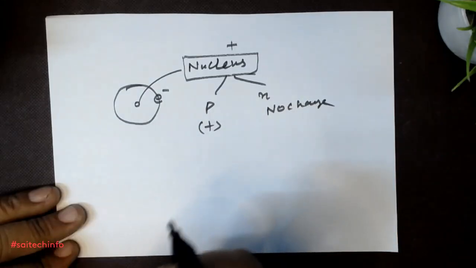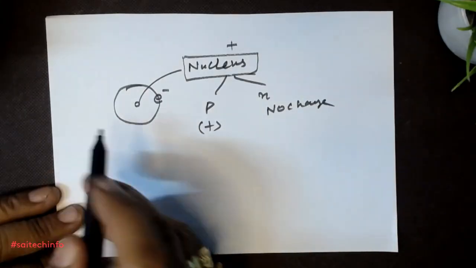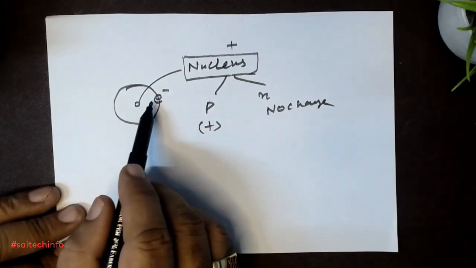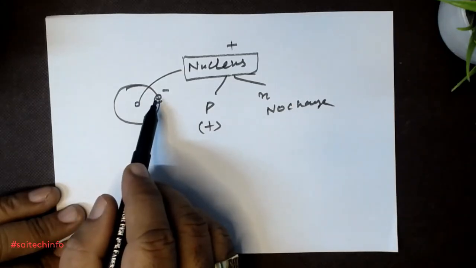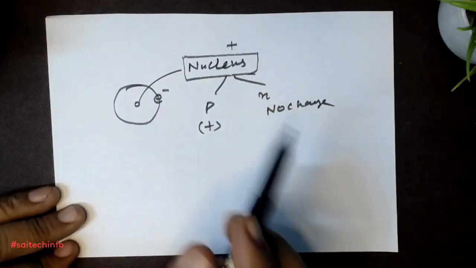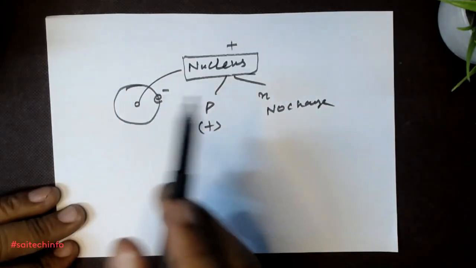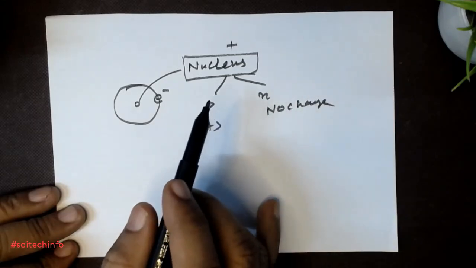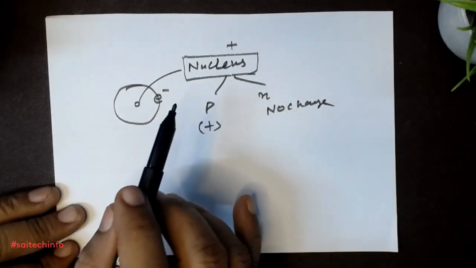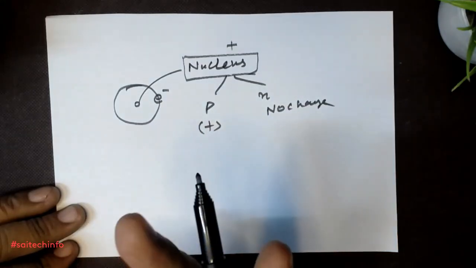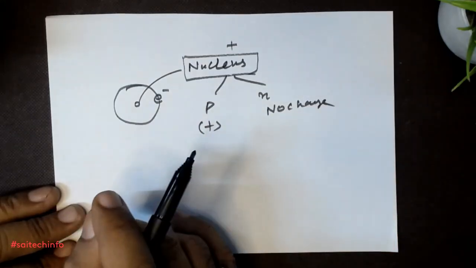But we are going to discuss the occupation of the electrons. In fact, they will be occupying different orbits. So naturally, the electrons in the outermost shell may be easily lost, and that is why we call it valency. So valency is the number of electrons available in the outermost shell.